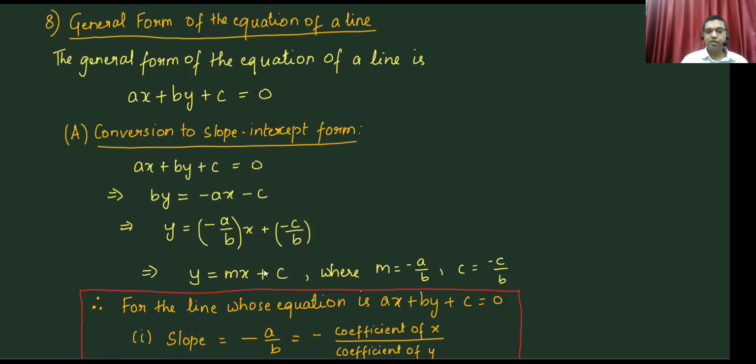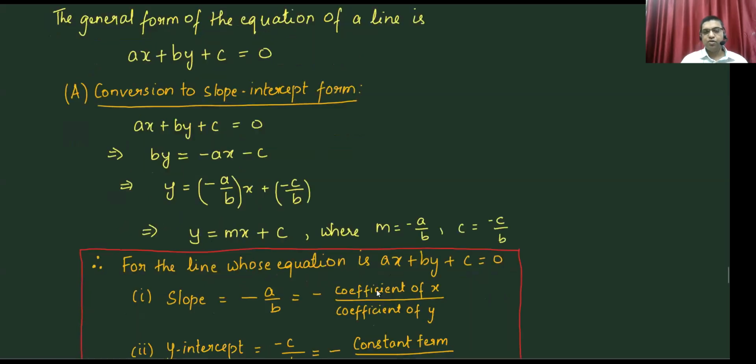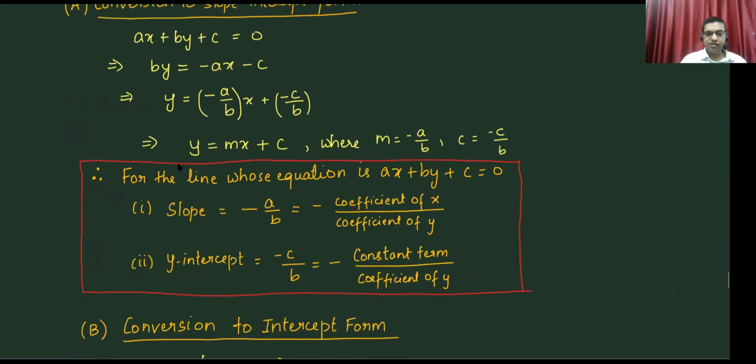When you compare with y equal to mx plus c, we get m equal to minus a by b, and c is nothing but minus c by b. So the conclusion is, for the line whose equation is ax plus by plus c equal to 0, the slope of this line is minus a by b.